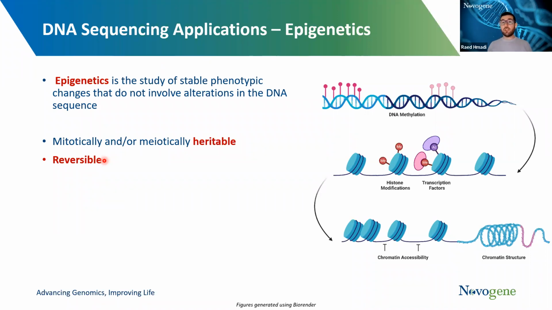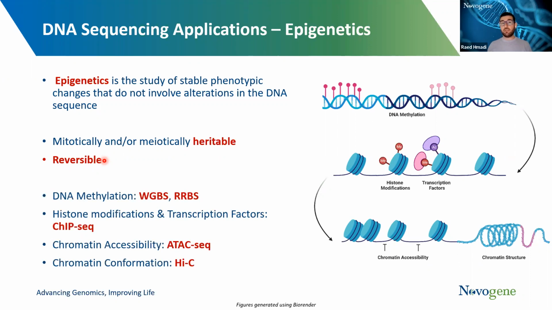For those of you that are interested in investigating epigenetics and would like to use DNA sequencing, there are various applications that are available right now. In case you are interested in studying DNA methylation, you can perform whole genome bisulfite sequencing or reduced representation bisulfite sequencing. If you are interested in investigating histone modifications and transcription factors, you can use methods such as ChIP-seq.